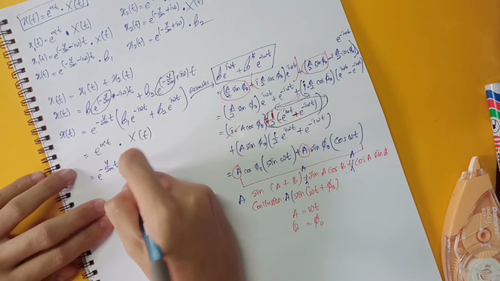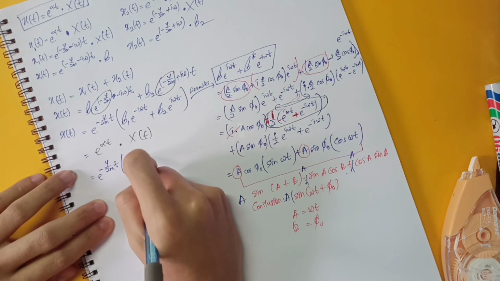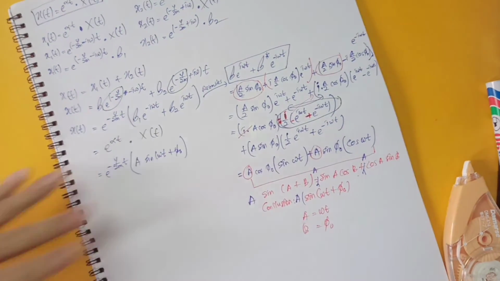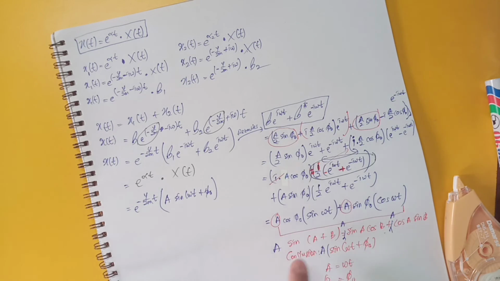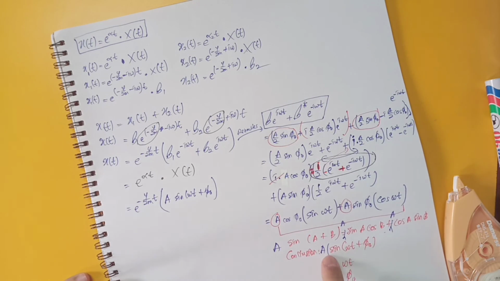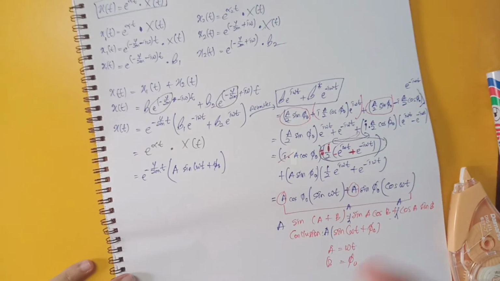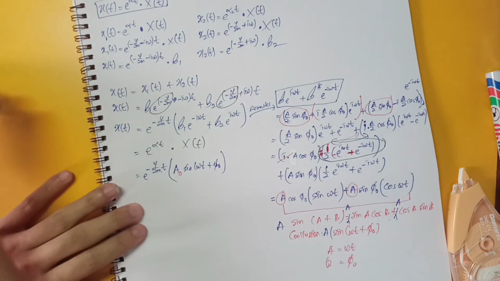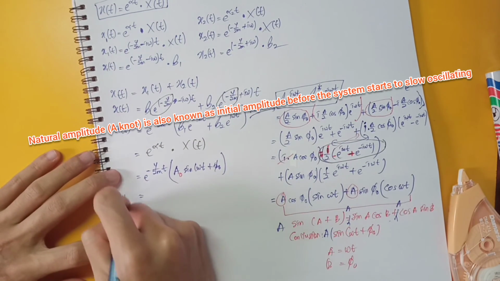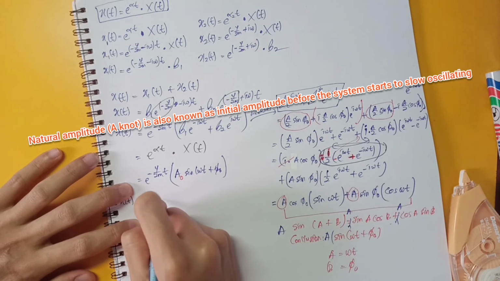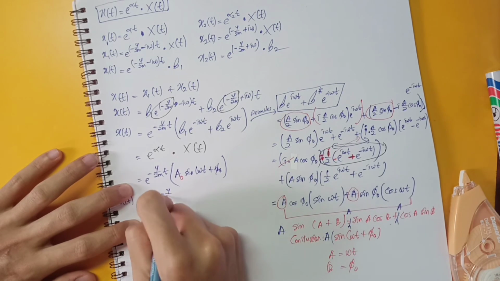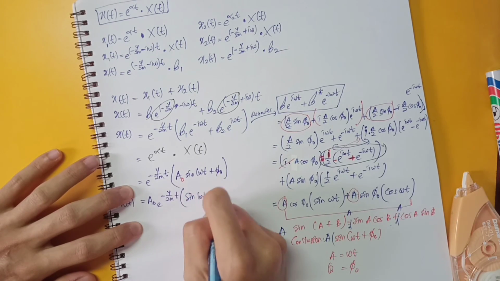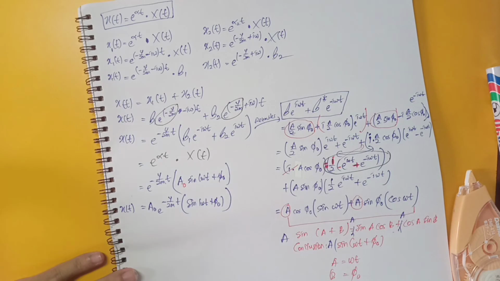So A sine omega t plus phi naught. This equation comes from simple harmonic motion, so it has a natural amplitude, and this will become A naught. Finally, x of t is equal to A naught exponential power of negative gamma over 2m times t, sine omega t plus phi naught. There you go.